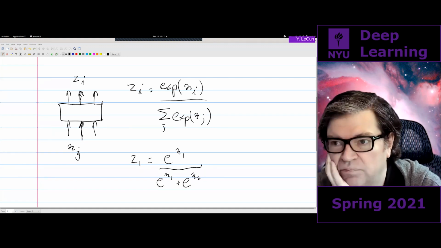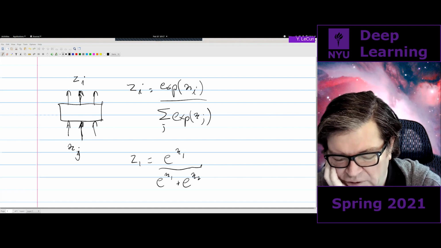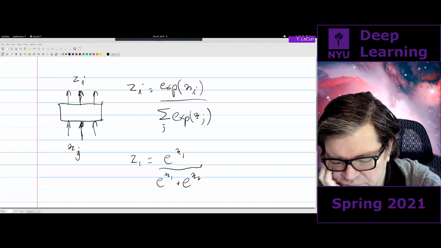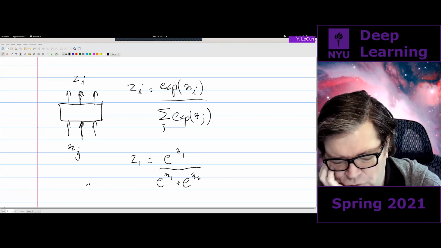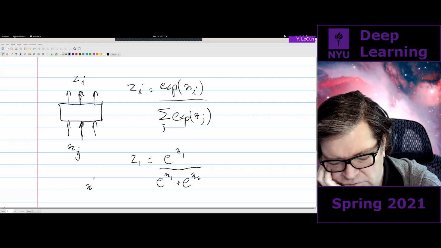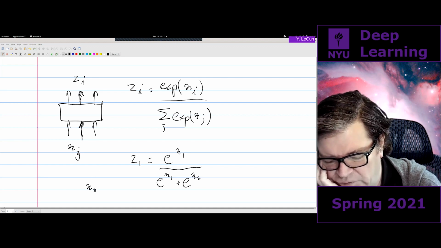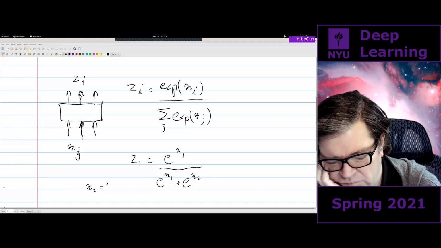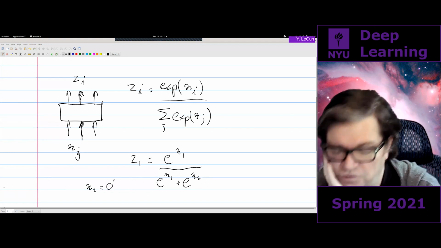Now let's imagine that x2 is always equal to 0. It's constant and equal to 0.